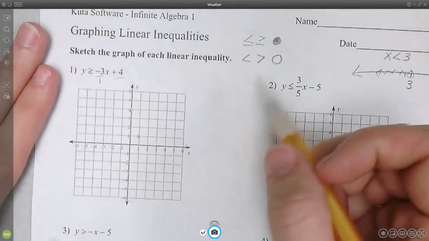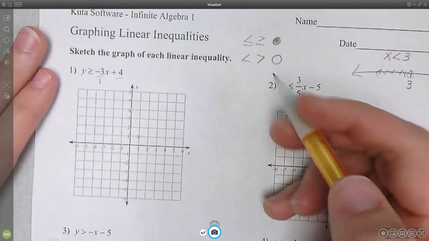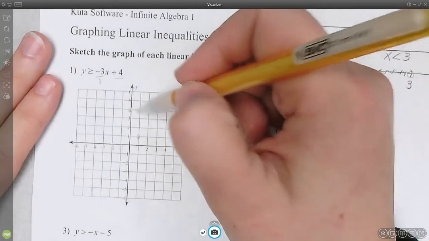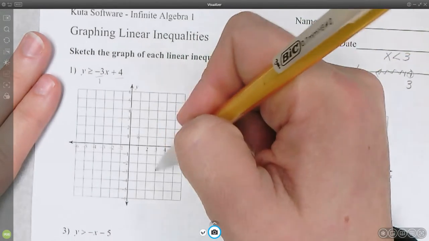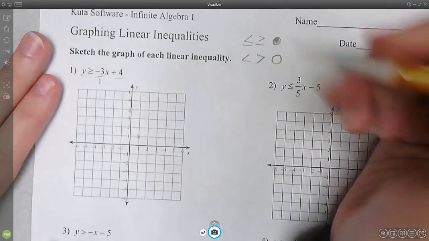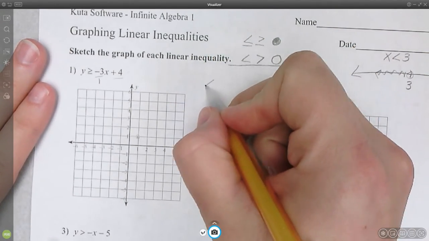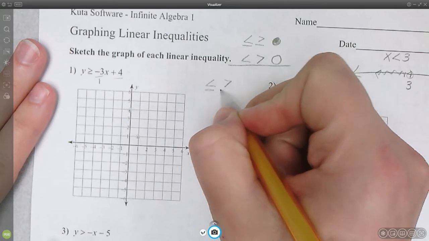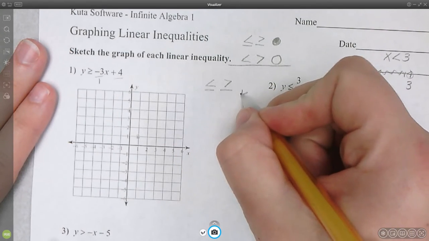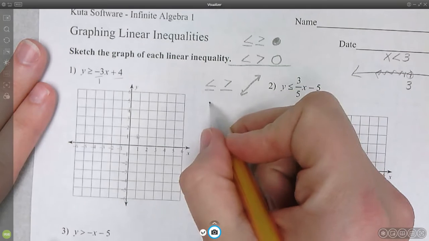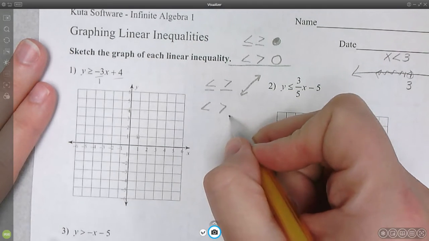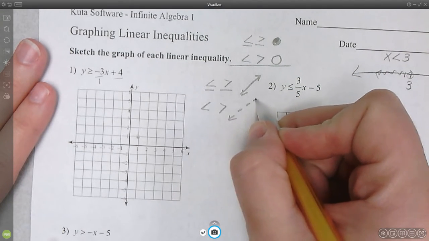Instead of having an open circle or closed circle, you are either going to have a solid line or a dashed line. If you have less than or equal to or greater than or equal to, you are going to have a solid line. If you have less than or greater than, you're going to have a dashed line.